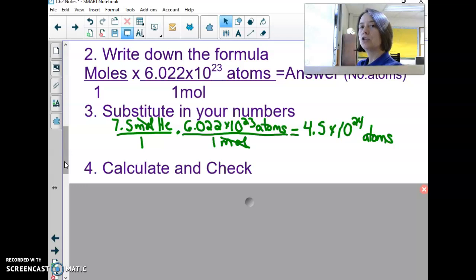So my answer should be between 1 mole and 10 times as much, because 7.5 is between 1 and 10. And so is my answer between 6.022 times 10 to the 23rd and 6.022 times 10 to the 24th? And I look, and it is.